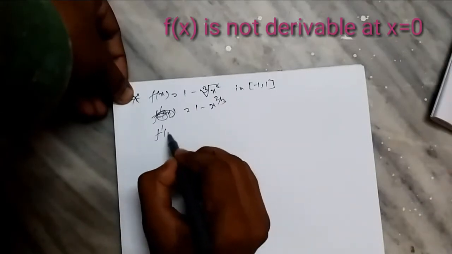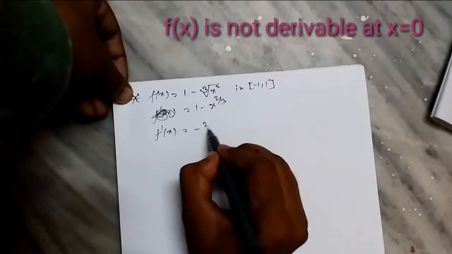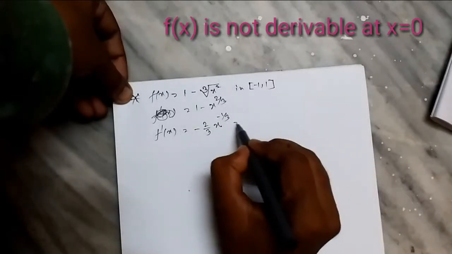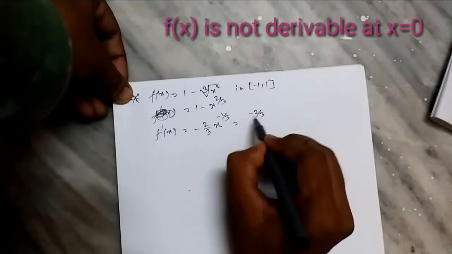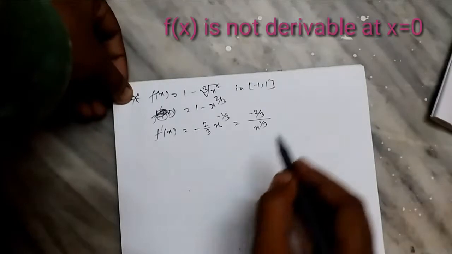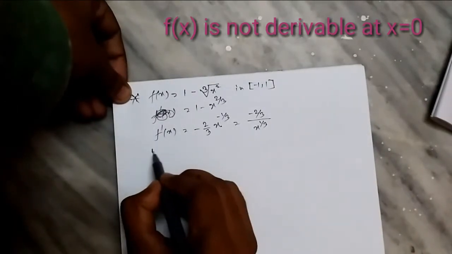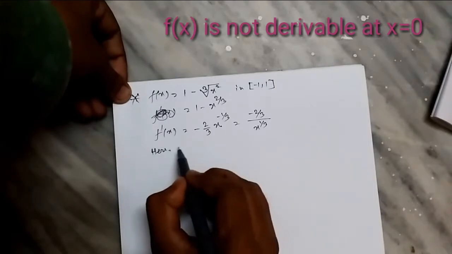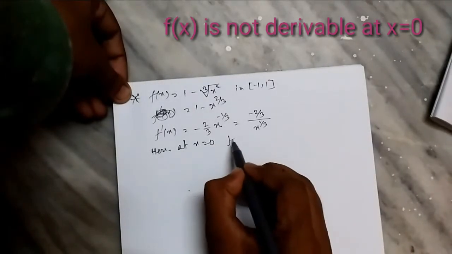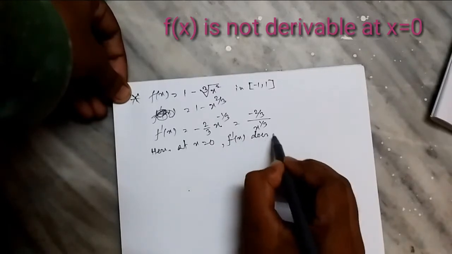If we differentiate this term, f dash x will be minus 2 by 3 into x to the power minus 1 by 3, that is minus 2 by 3 into 1 by x to the power 1 by 3. Here if we put x equal to 0, at x equal to 0, f dash x does not exist.